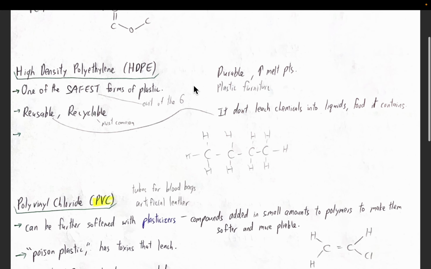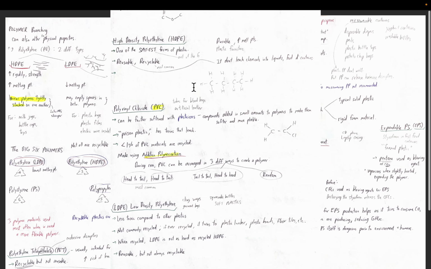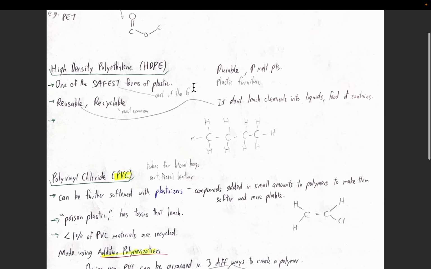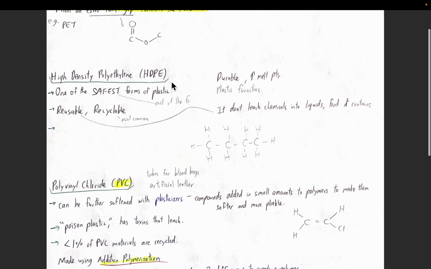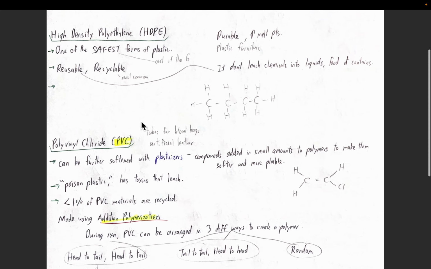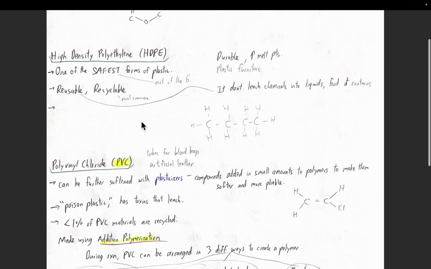Okay, so let's start with the various kinds of plastics. So we have HDPE, PVC. I don't think this is the right way to introduce them. So HDPE is high density polyethylene. Just give me a while.